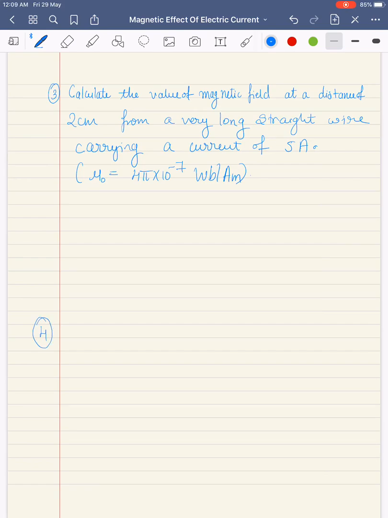It is the same type, okay, only the distance is changed. A very long straight wire carries a current of 5.2 ampere.